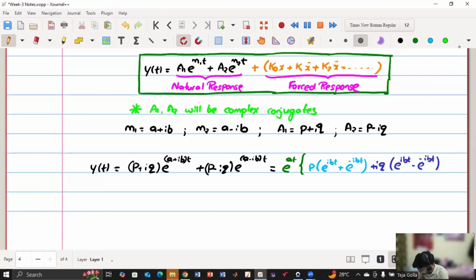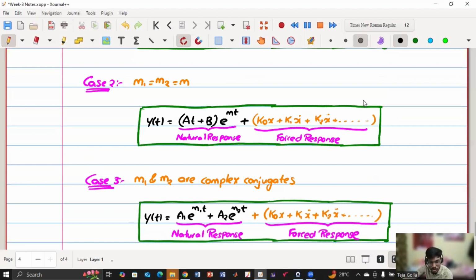Now in complex terms, we know Euler's theorem. So the first will be 2 cos bt, and the second will be 2i sin bt. This is the natural response, because we are only solving for the natural response; the forced response you already know.